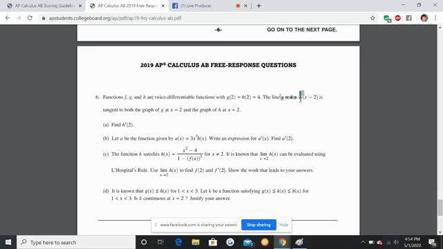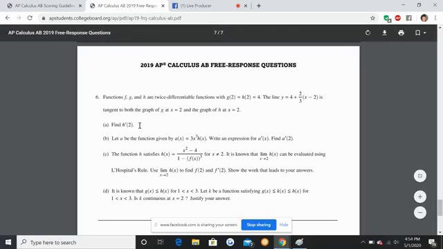So y is equal to 4 plus 2/3 times (x minus 2). Sorry, it's hard to read these equations out loud. It's tangent to both the graph of g and the graph of h at x equals 2, and it wants us to find h prime of 2 here, right?